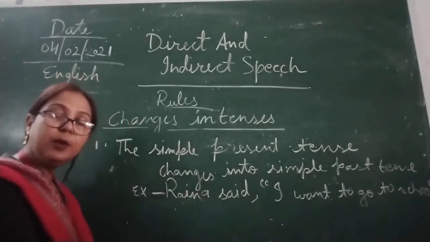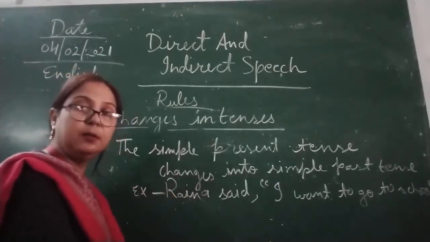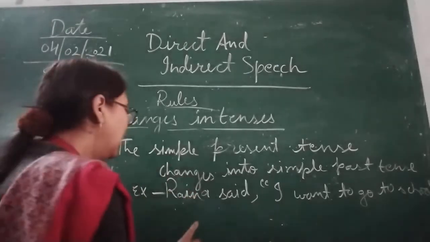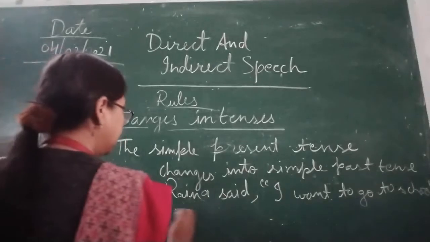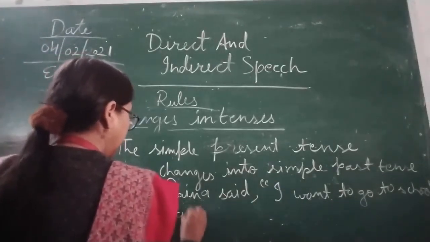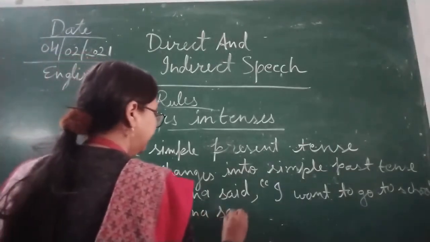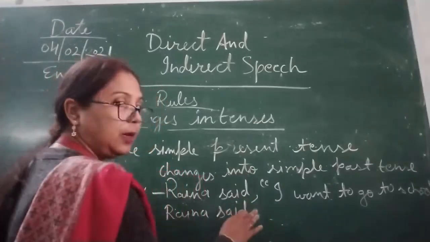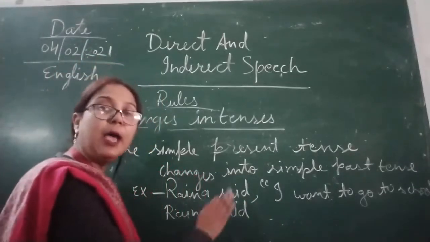Now when we are going to make it indirect speech, how are we going to change it? Rana said. Now what do we have to remove? The comma and inverted commas.